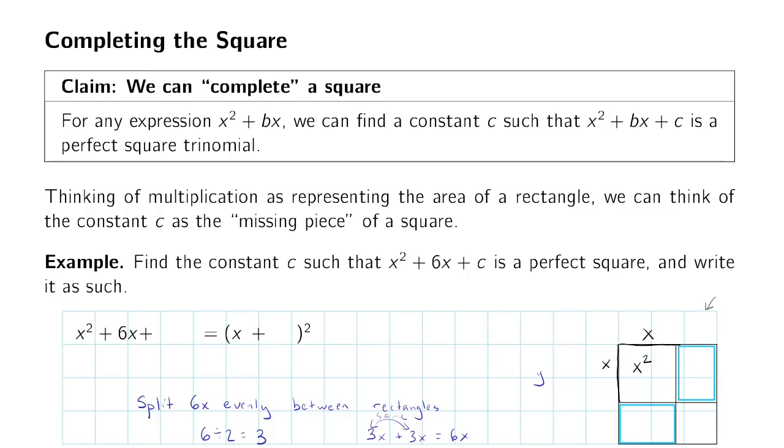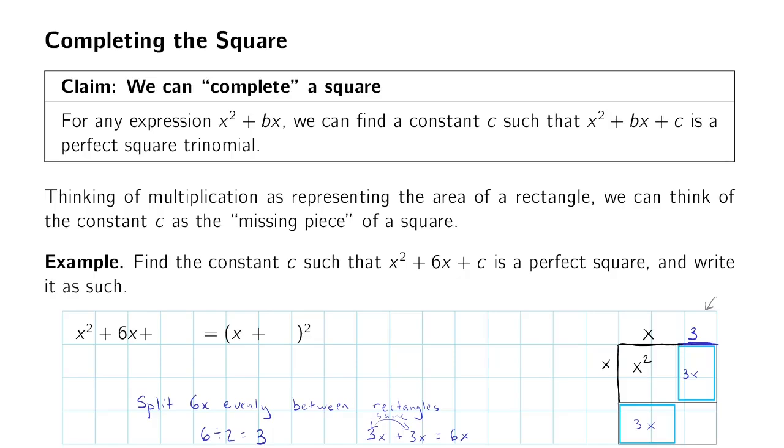So I'm going to put 3x over here and another 3x over here, which means that this rectangle is 3 on this side and x on the left.